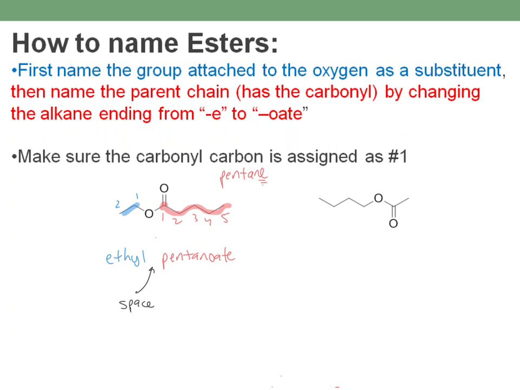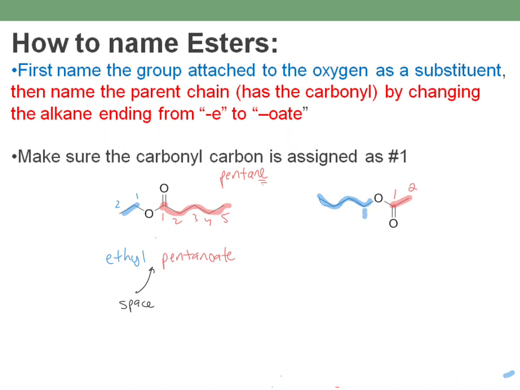Let's take a look at this example up here. Over on the right-hand side, again, I have the carbonyl carbon. So that's my parent. Even though it's a shorter chain, that's important to notice. Always the carbon that has the carbonyl on it, which is right here, is your carbon number 1, and then you just go from there. So in this case, all of this stuff out here is going to be the group that I put in front.